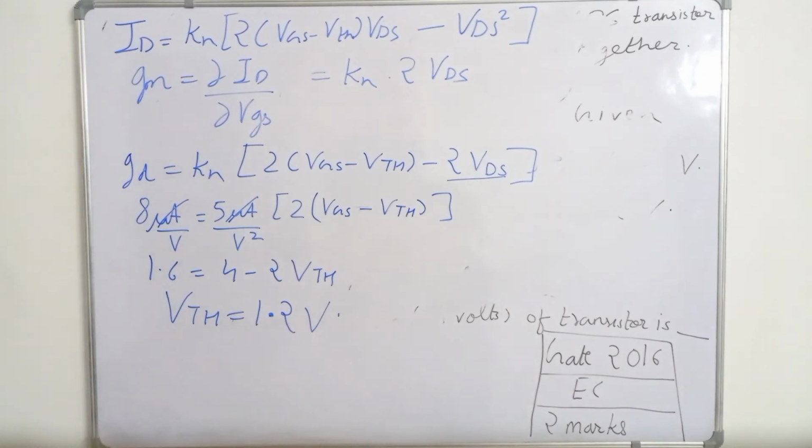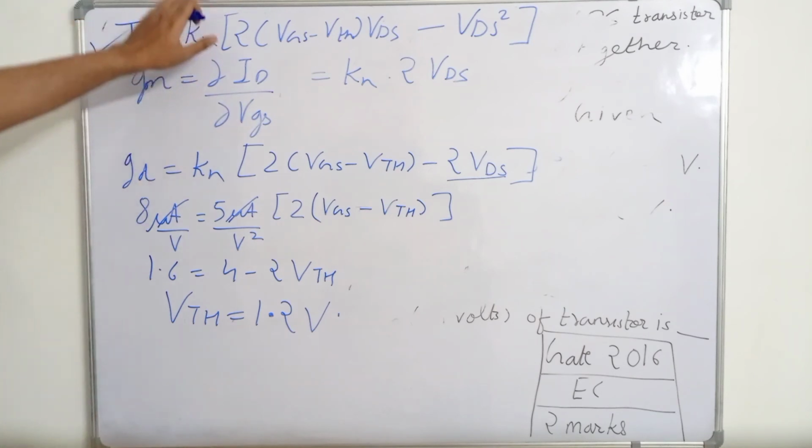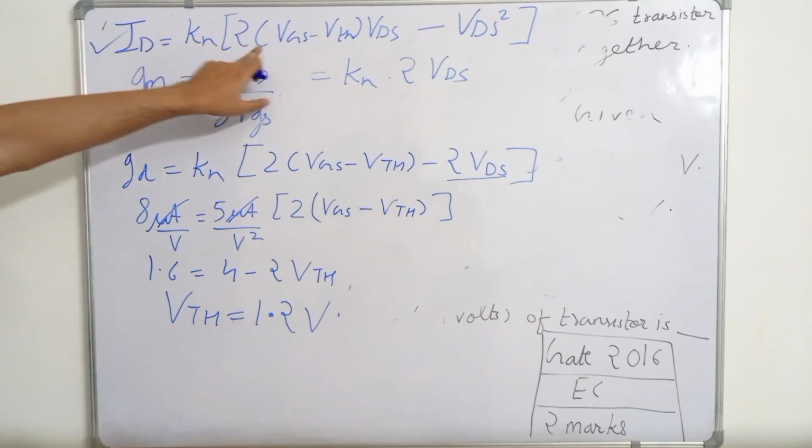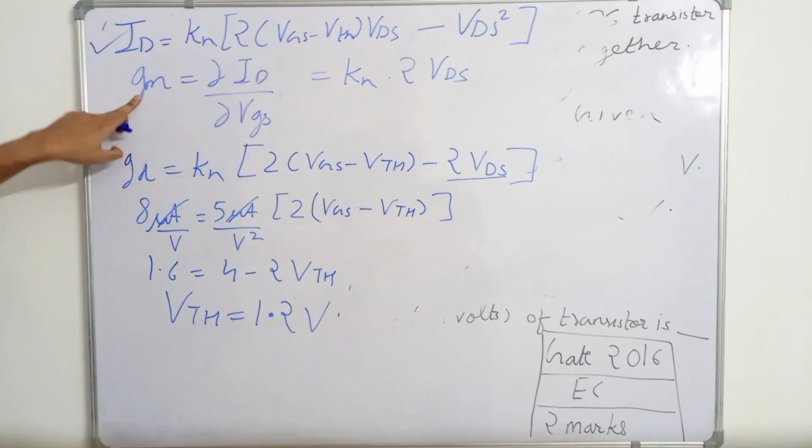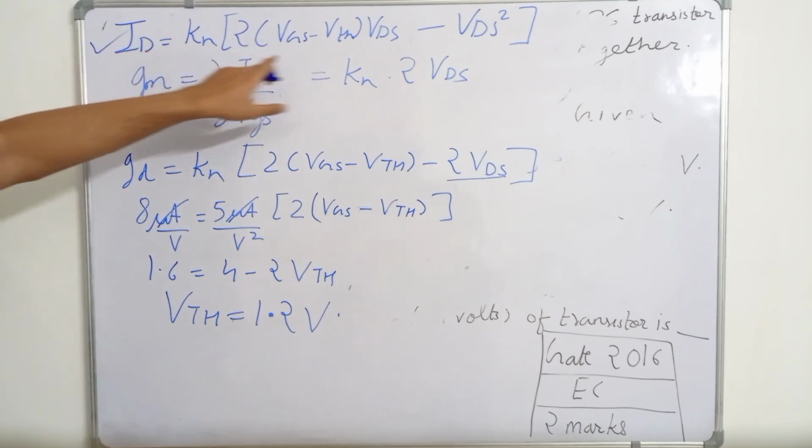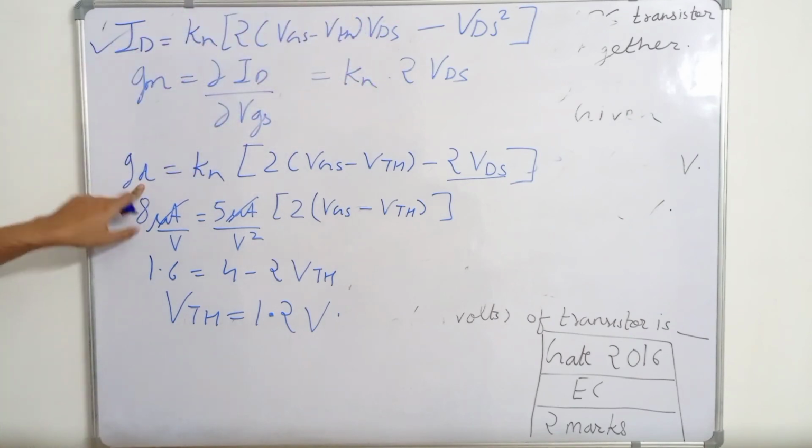So this was a very easy question. Just by doing partial differentiation, we found out the value of the threshold voltage. We used the drain current equation, first differentiated ID with respect to VGS to find GM and then differentiated ID with respect to VDS to find GD.